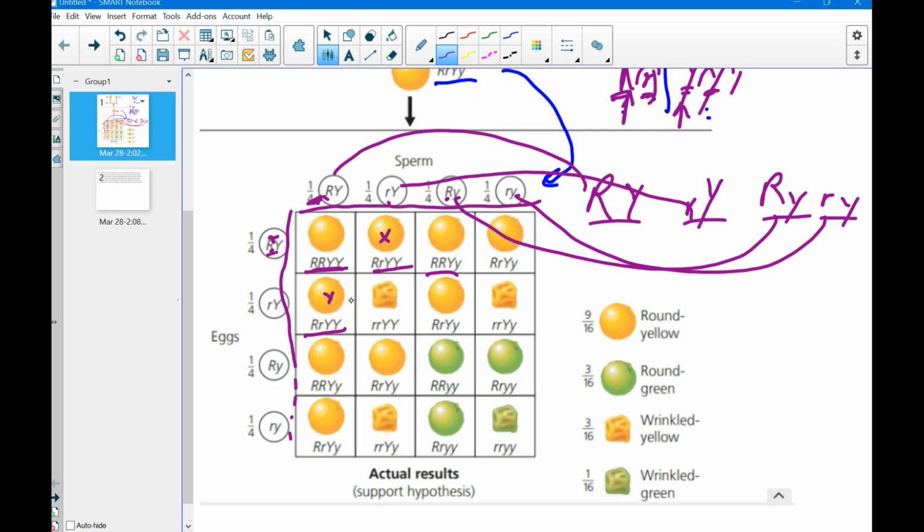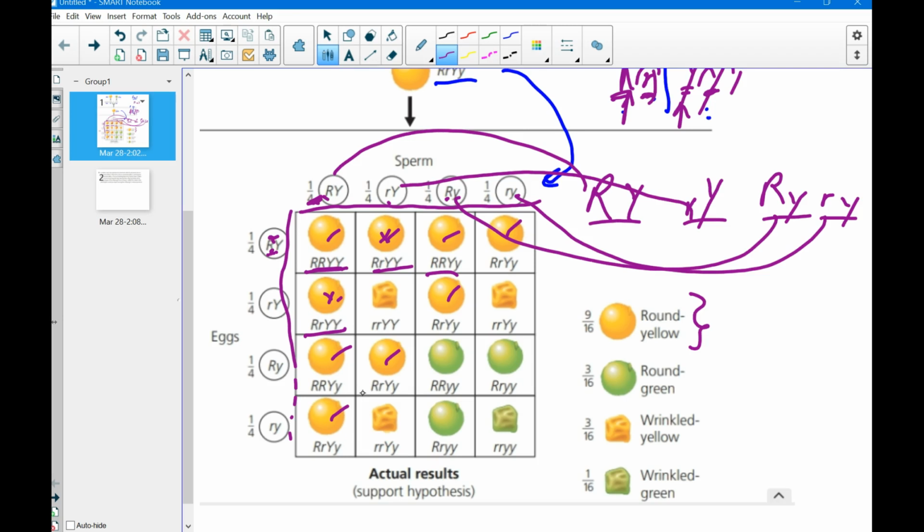And you can see what happens is that it starts to develop certain patterns. And if I were to sit here and count them, we would find out that there would be 9 round yellow, which would be right here. Let's say round yellow. 1, 2, 3, 4, 5, 6, 7, 8, 9. And these are the possible genotypes for round yellow.